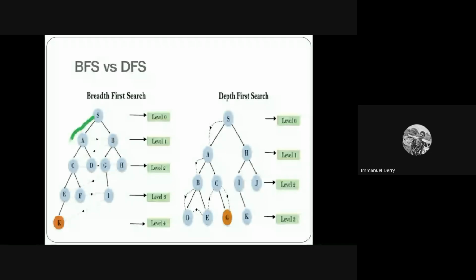So in level 1, we have A and then B. So we explore all of them. When we are done, we move on to explore the nodes at level 2. So we have C, D, G, and then H. After exploring all of them, we now move to the next level, which is E, F, and then I. And then when we are done, we explore the final level here, which is level 4. And that is basically how it works.